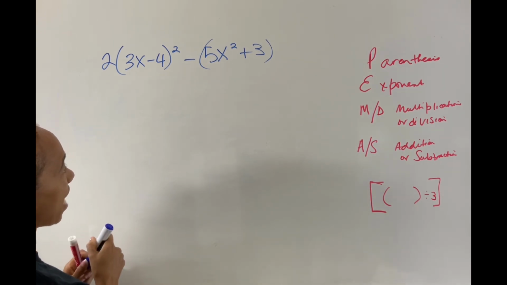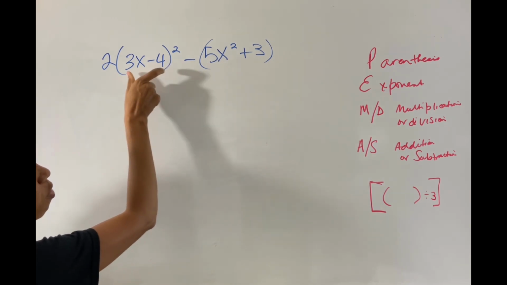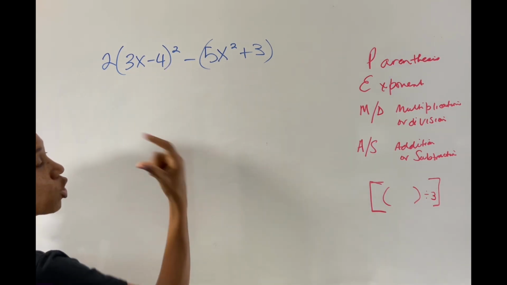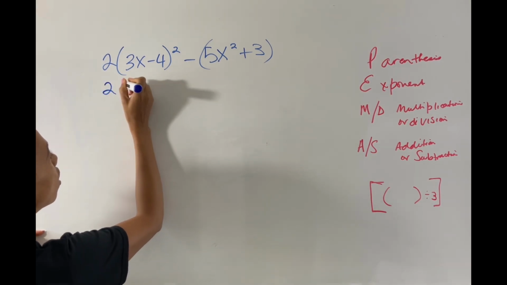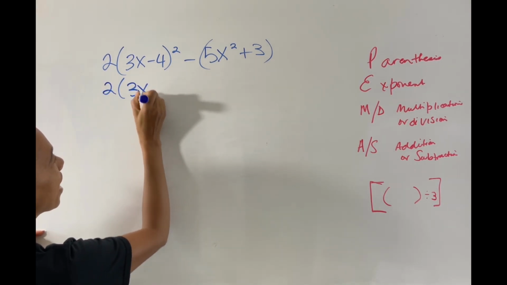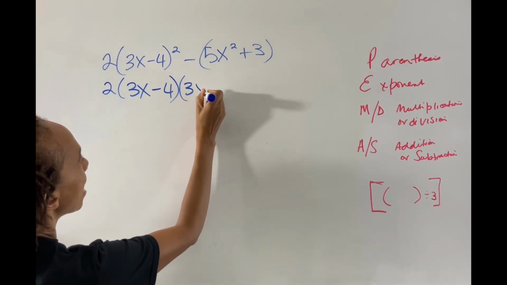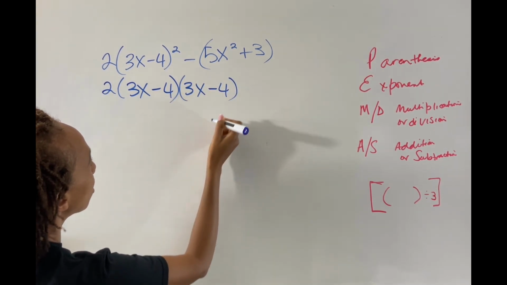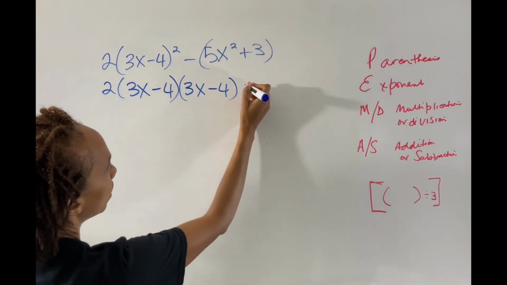Because we have the exponent, this is telling us that we are going to multiply what is inside the parentheses 2 times. So this is how we're going to write it out. We have 3x minus 4, and we're going to write it again, 3x minus 4, and that takes care of the exponent, which is the second power.